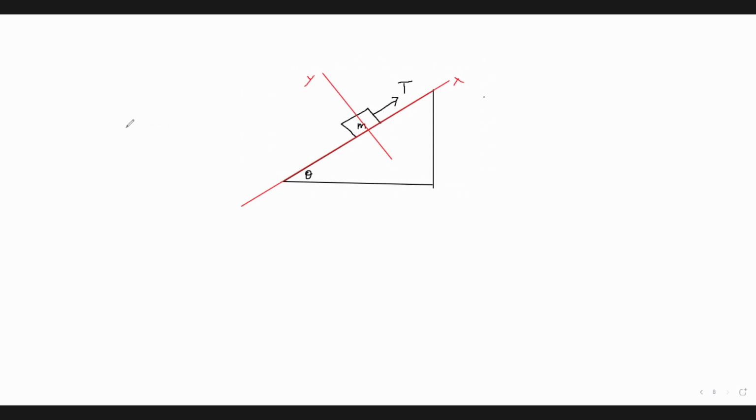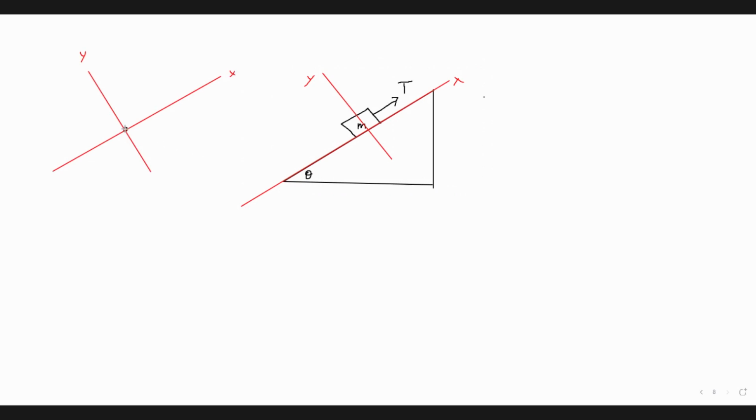Now, let's do our free body diagram. Here's the mass M. Now I'm going to superimpose on it this coordinate system. So this is the x-axis, and this is the y-axis. Now, what are the forces that are acting?